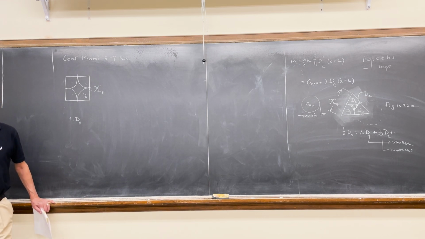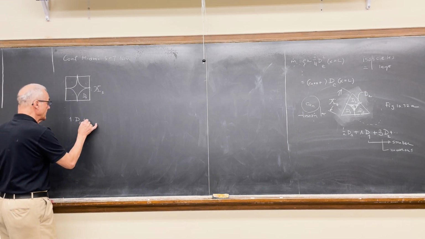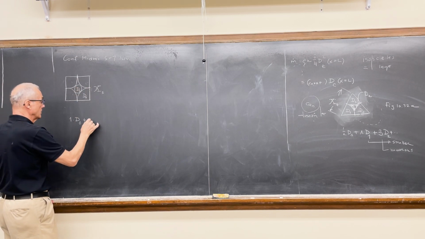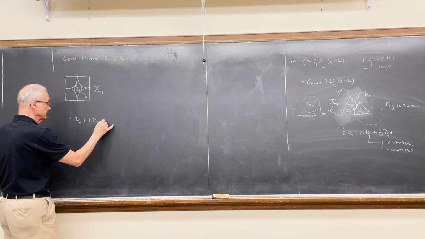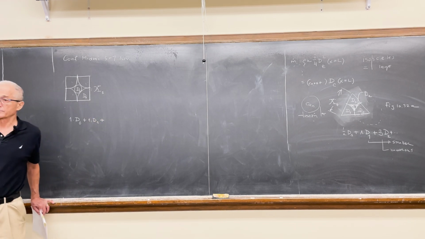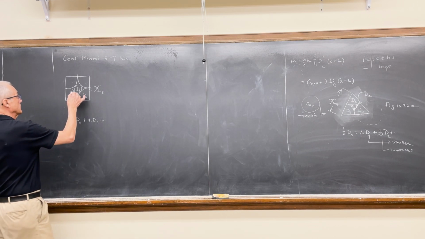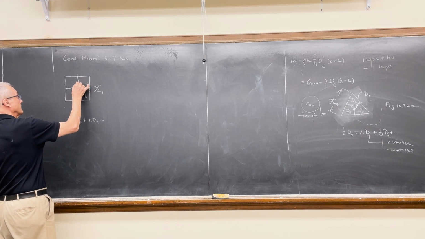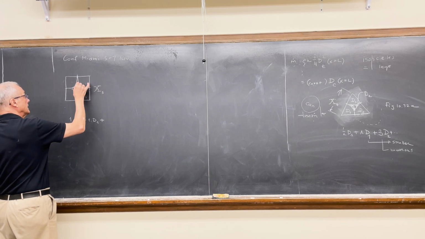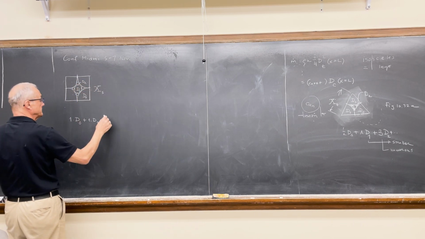And then the armpits, plus the next size is D1, 1 D1. And then the story gets interesting because the even smaller size, called D2, will impress us with a factor of 4 in front. So that's D2.